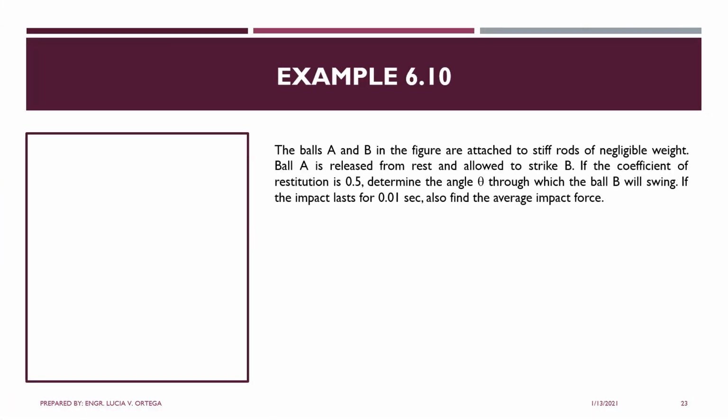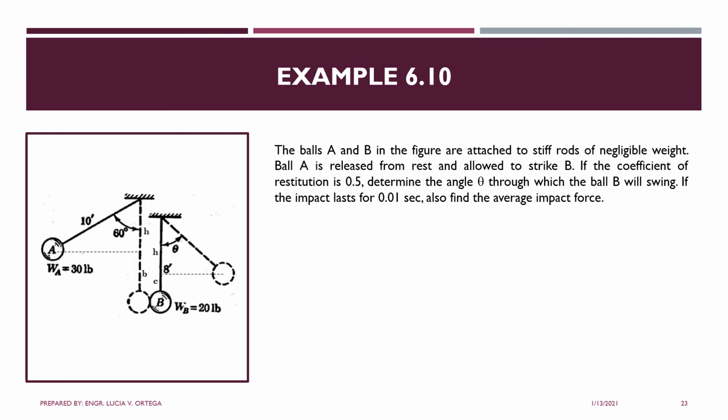Okay, let's consider this problem. I think this would be the last problem. The balls A and B in the figure are attached to stiff rods of negligible weight. Initially, ball B is in vertical position and A is 60 degrees from the vertical.